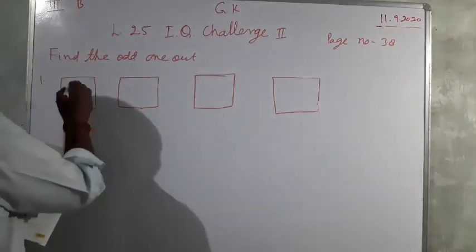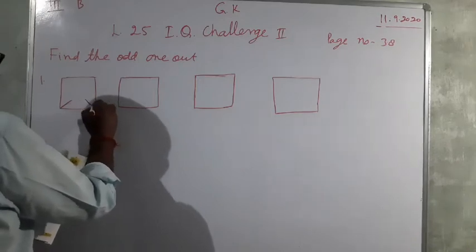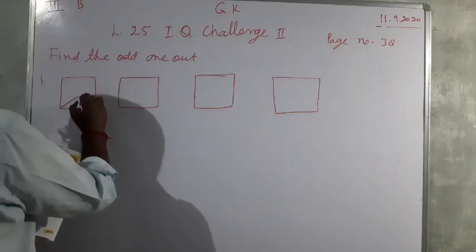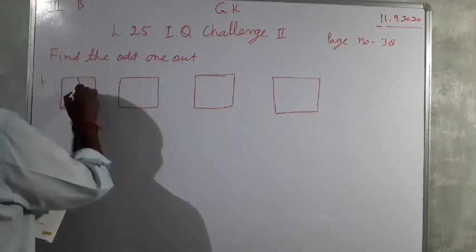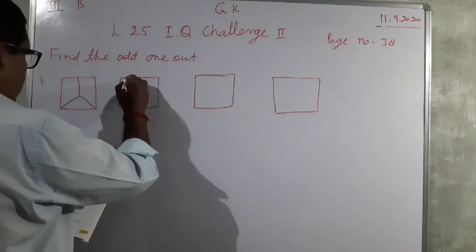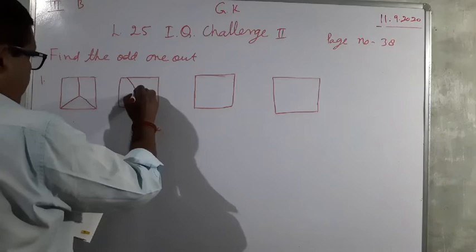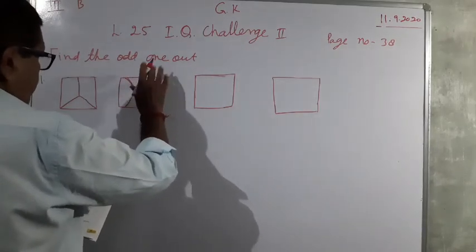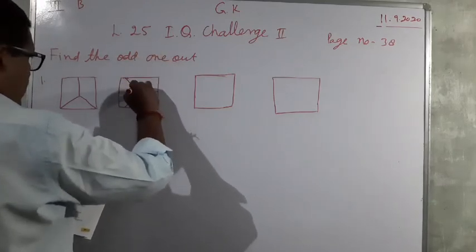The first you see that two lines coming from the corner and they join and meet in the mid of a line. In the second you see that two lines, they are not coming from the corners. These two lines are not coming from the corners.